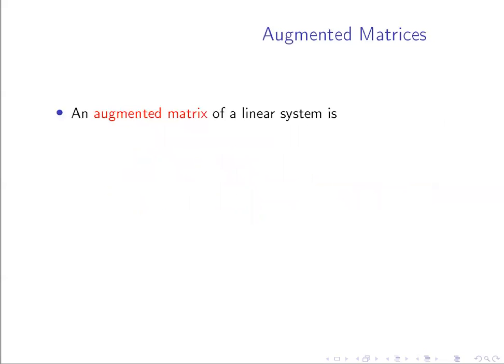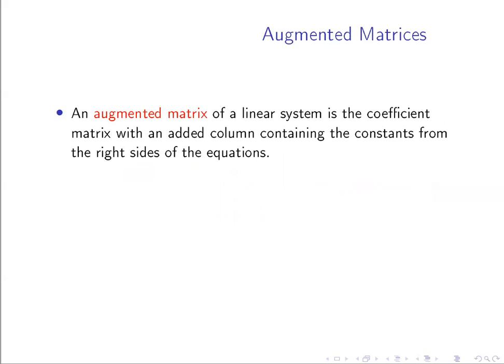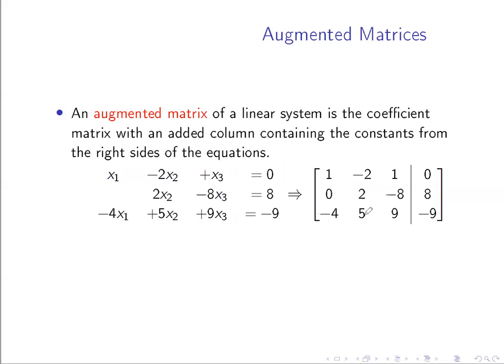And this is where it's going to get important: we are going to deal with coefficient matrices, and then we're going to take it up a step and talk about augmented matrices. Both have a place in the class, so you need to understand the difference between the two of them. An augmented matrix is a coefficient matrix with an added column containing the constants on the right side. Notice that this portion before the solid line is the same thing as our coefficient matrix.